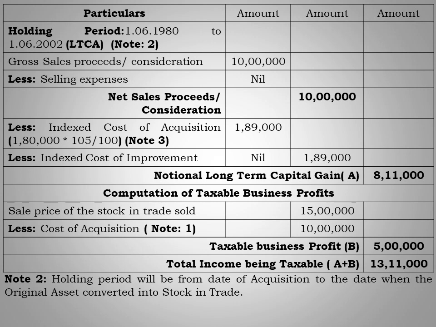Note number 2 says holding period will be from the date of acquisition, that is 1st June 1980, to the date when the original asset is converted into stock in trade. When the asset has been converted, that is on 1st June 2002, this asset has been converted into stock in trade for his business, and this will be the period of holding.